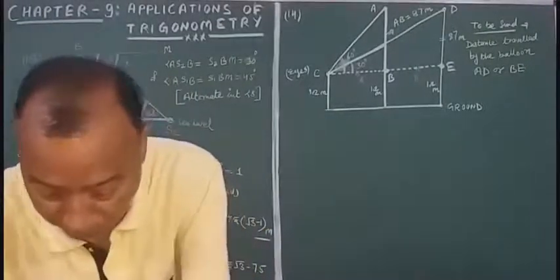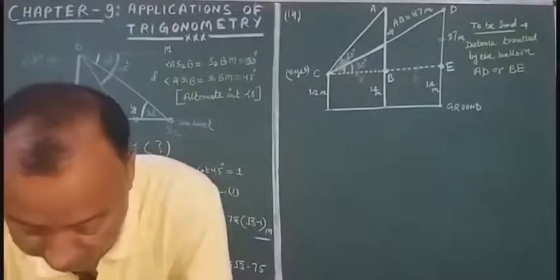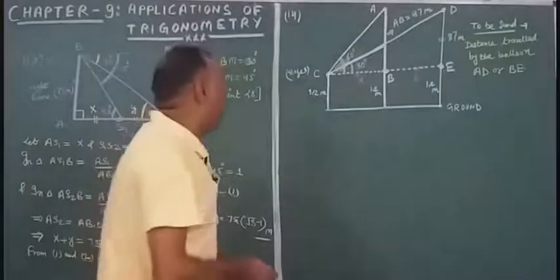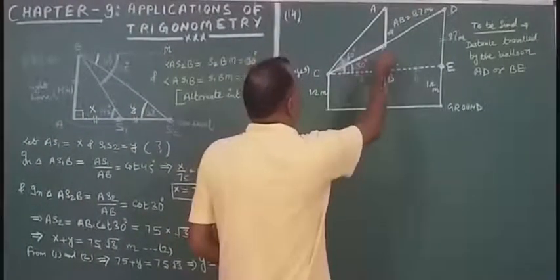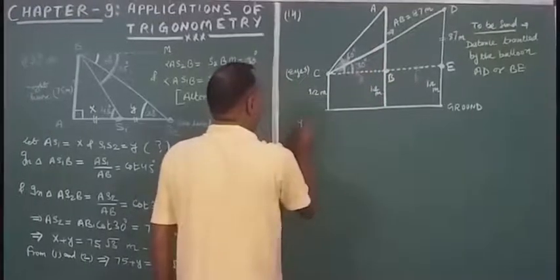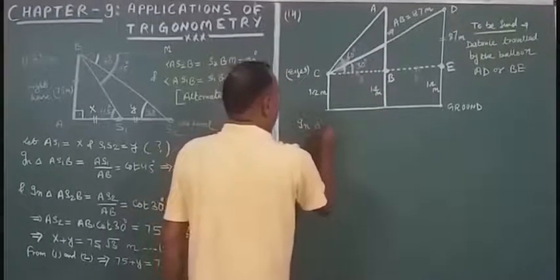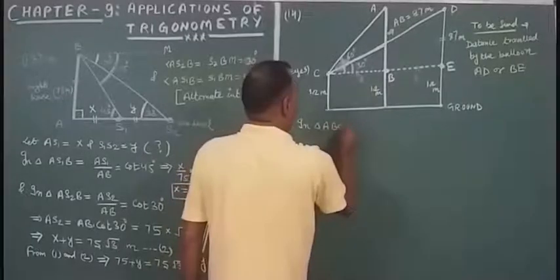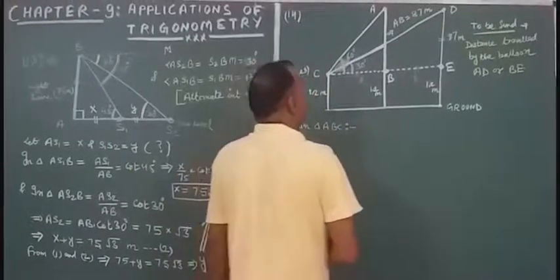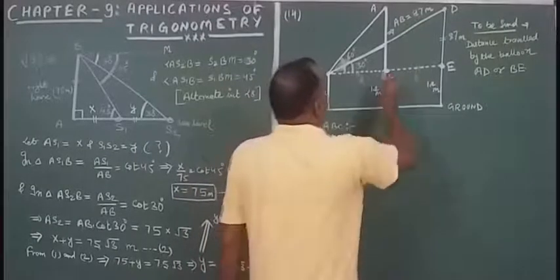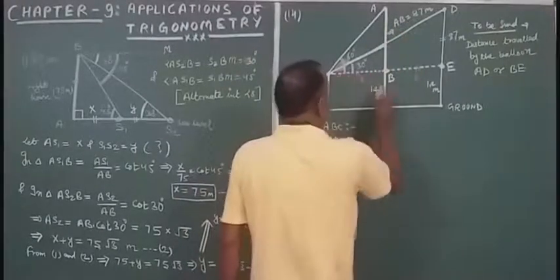Okay, now just look at the triangles. You have two right angle triangles. First one is CBA. In triangle ABC, just look carefully. What will happen?